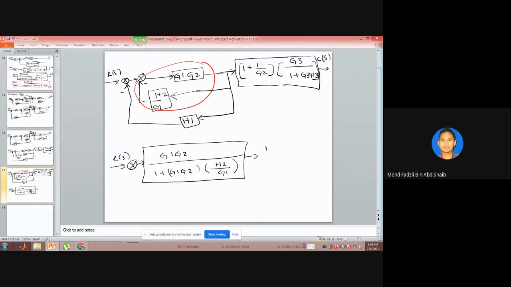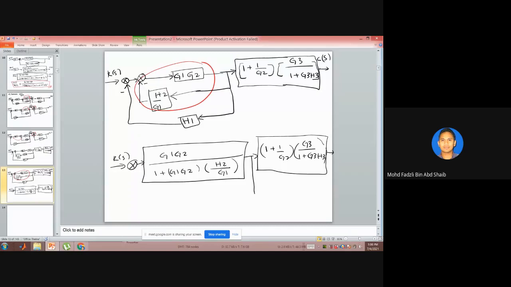This one is still the same, 1 plus 1 over G2, over G3 over 1 plus G3 H3. This is CS, right?